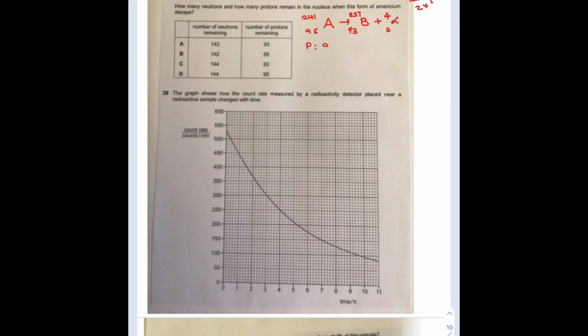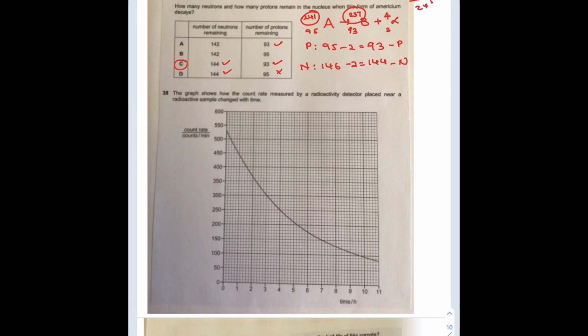So protons: 95 minus 2 becomes 93, and the nucleon number is 241 minus 4, that's 237. Neutrons: 146 minus 2 is 144. So that's protons 93 and neutrons 144, so that's C.